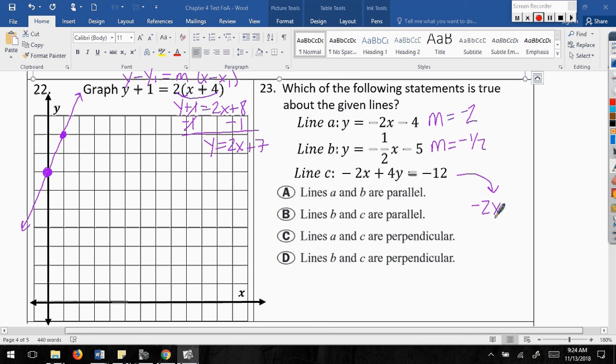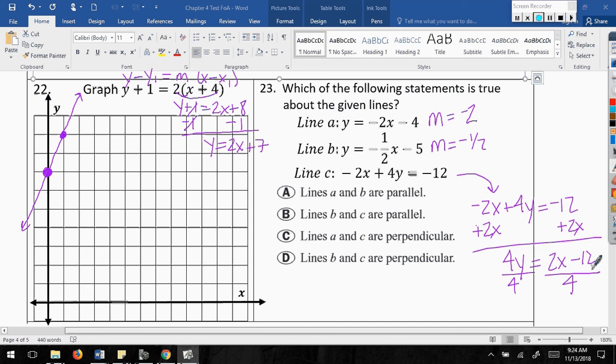So I've got negative 2x plus 4y equals negative 12, right? So I want to solve it for y. So I'm going to add 2x to both sides. And I have 4y equals 2x minus 12. Divide by 4.